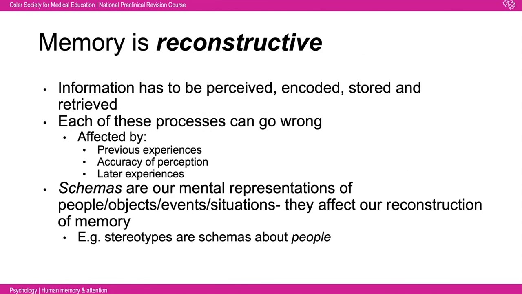And a really, really important concept to understand, particularly in your psychology syllabus, is that memory is reconstructive. So what do we mean by that? Well, to have a memory, information has to be firstly perceived.